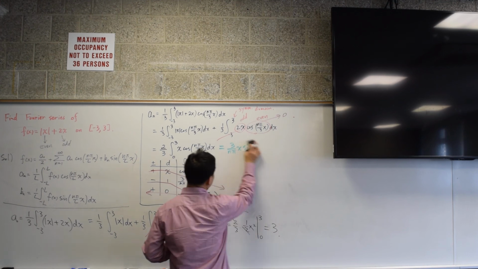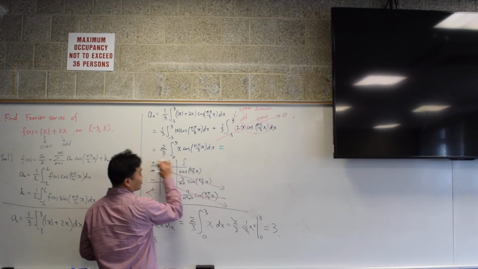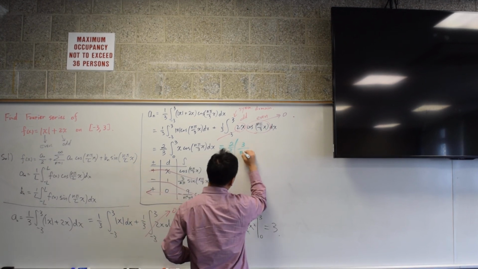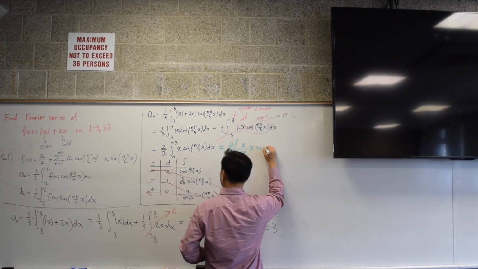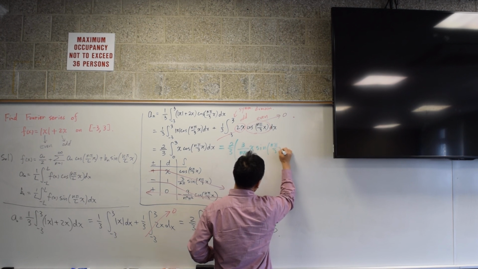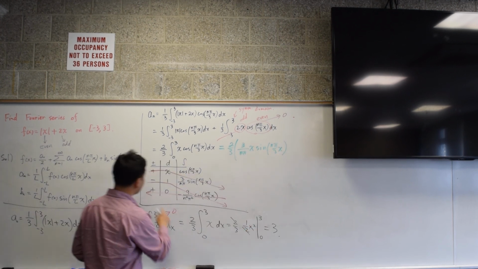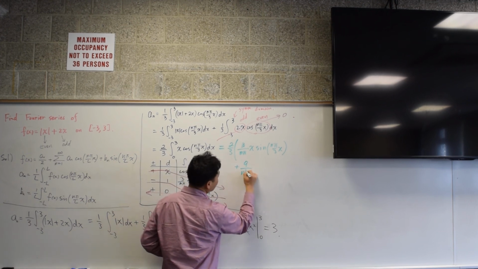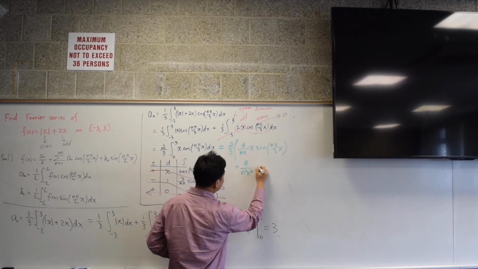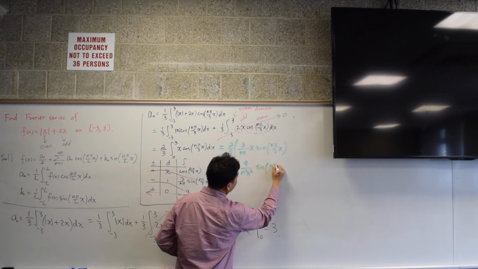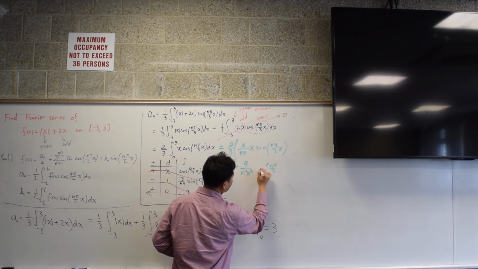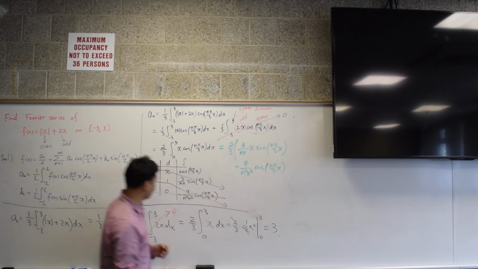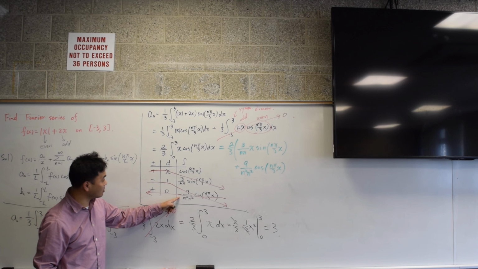Oh, sorry. I shouldn't forget 2/3, right? 2/3 of 3 over n pi x sine n pi over 3 x. And then negative times negative is positive, so it's plus 9 over n squared pi squared cosine n pi over 3 x. That's right, right? Minus times minus is positive, 9 over n squared.